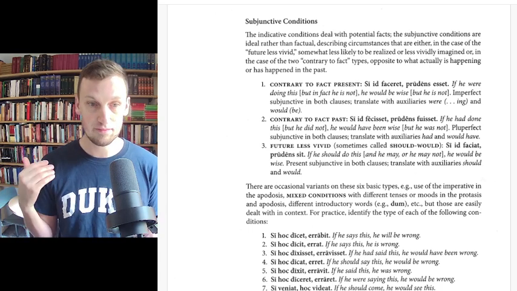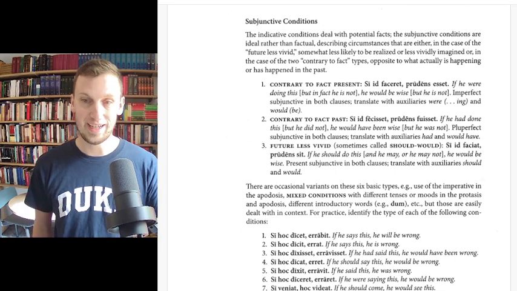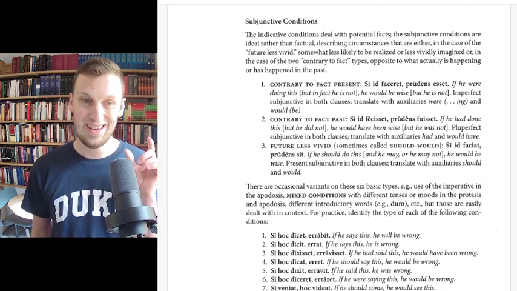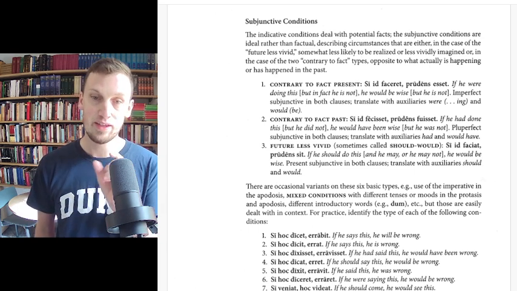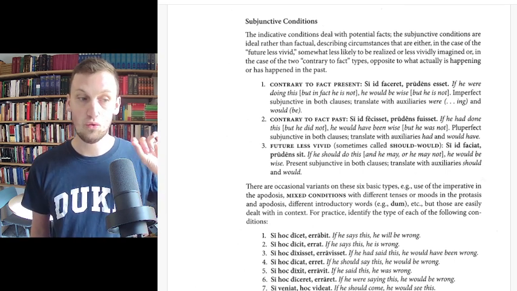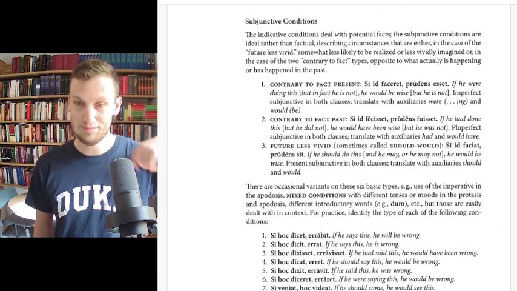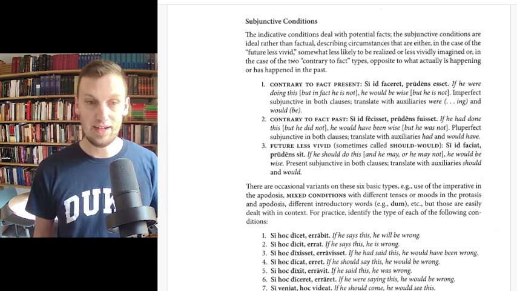The pluperfect subjunctive makes sense as what you'd use. Si id fecisset. So you have the perfect infinitive plus the ending there, giving you a contrary to fact in the past, something that was not the case, and what would have resulted if the case had been different.